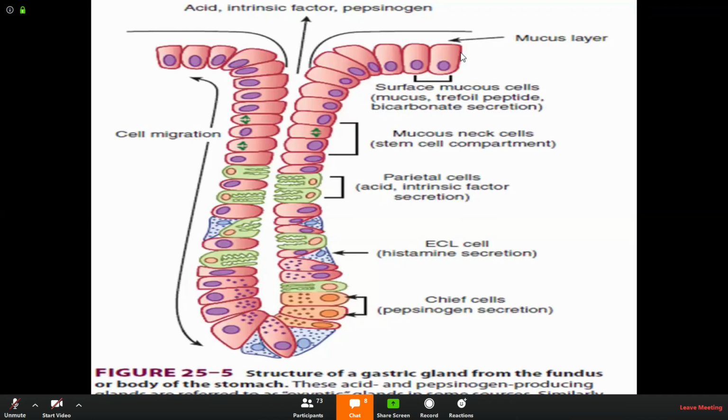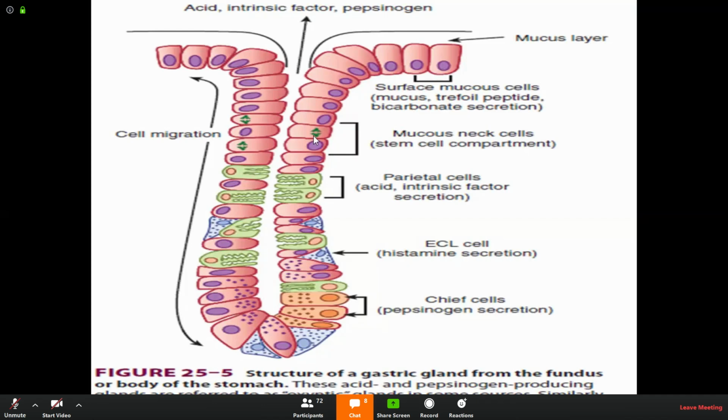This secretion, along with the tight junctions between the epithelial cells, helps in prevention of the autodigestion of the stomach.